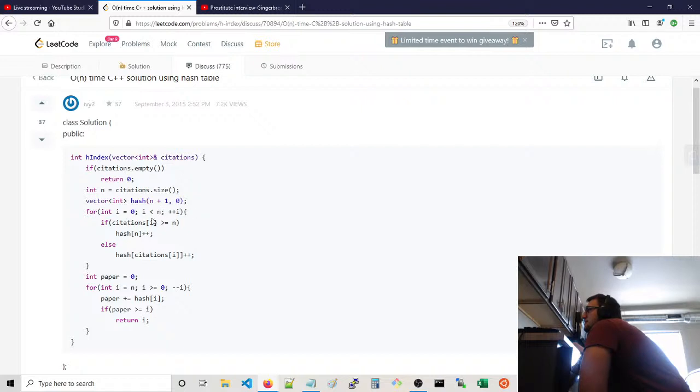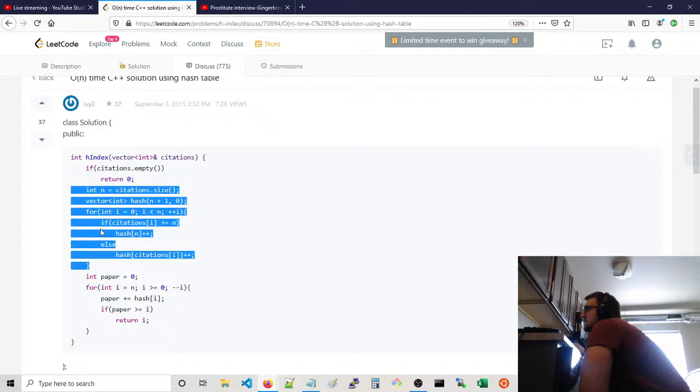So we're going to loop over: if citations of i is greater than or equal to n, increment the hash of n, else hash of citations of i plus plus.